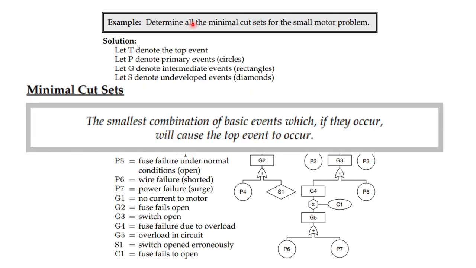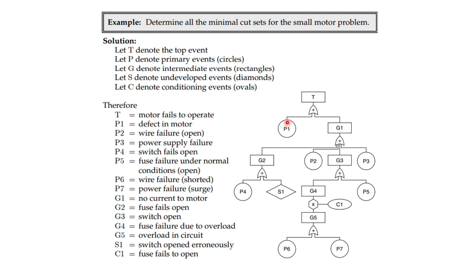When we say minimal cut sets, this is the smallest combination of the basic events which, if they occur, will cause the top event to occur. Those are the things that we need to monitor, because if they occur, probably the top event will also happen.